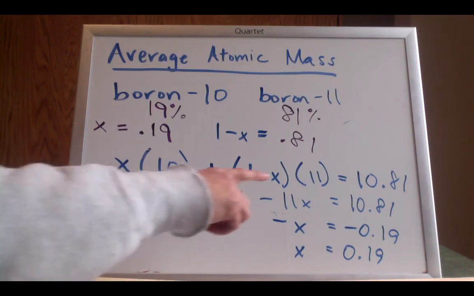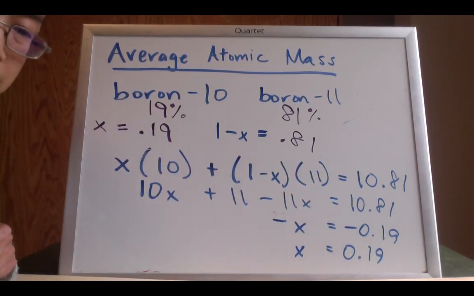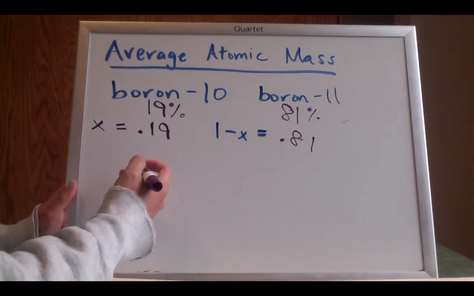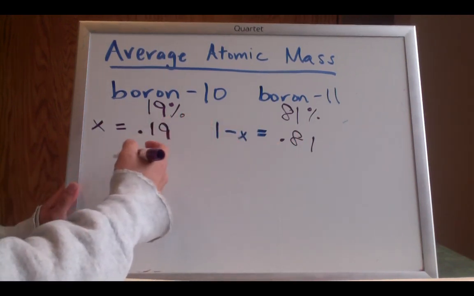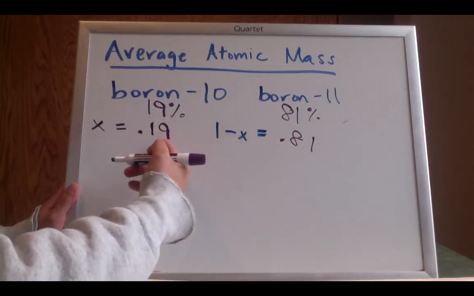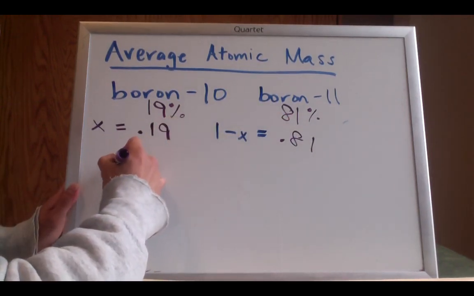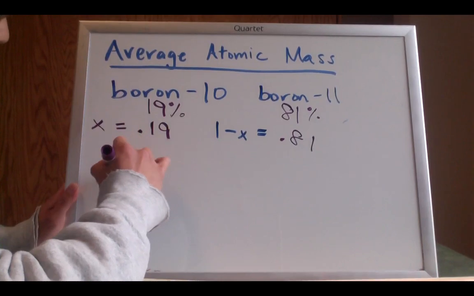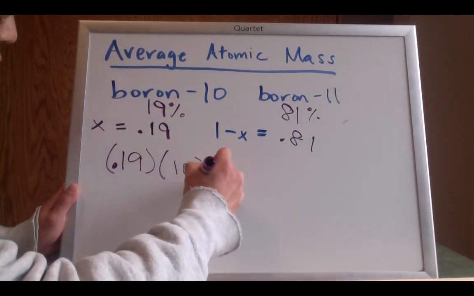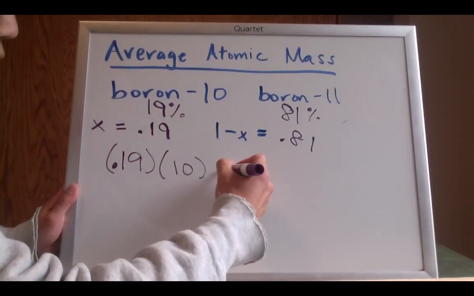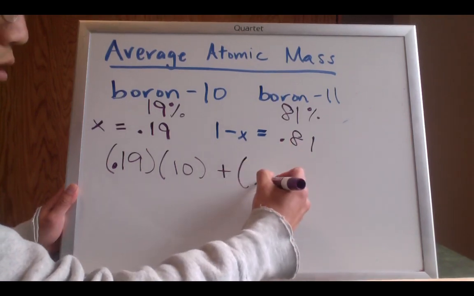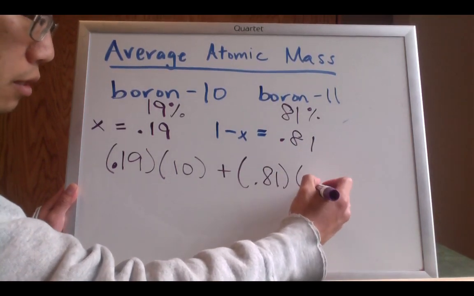Now we could do the reverse just to show, and I'm going to set that up right now. We're going to find the average atomic mass, now that we have the relative abundances, or the percent abundance. We'll take 0.19 and multiply that times 10, which is the mass. Then we'll take 0.81 and multiply that times 11.